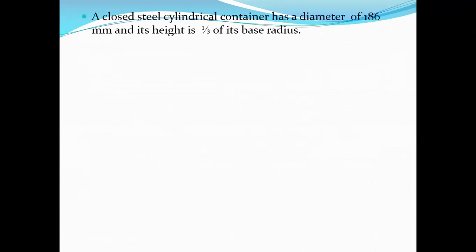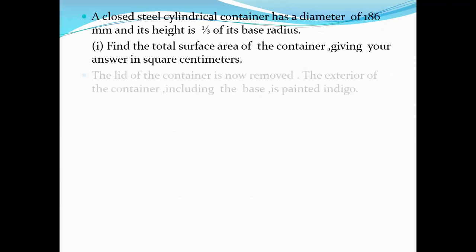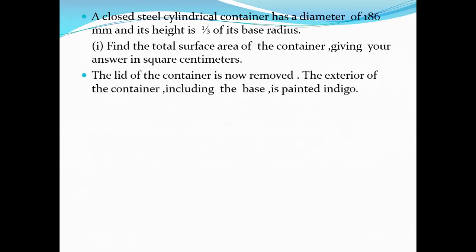So moving towards the last question: a closed steel cylindrical container has a diameter of 186 millimeter and its height is 1/3 of its base radius. You have to find the total surface area of the container, giving your answer in square centimeters. The lid of the container is now removed.